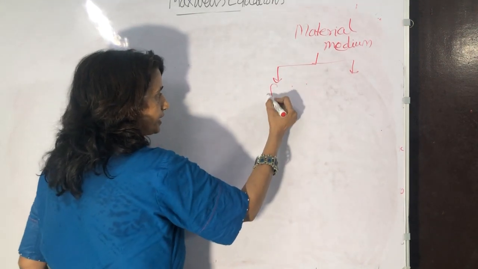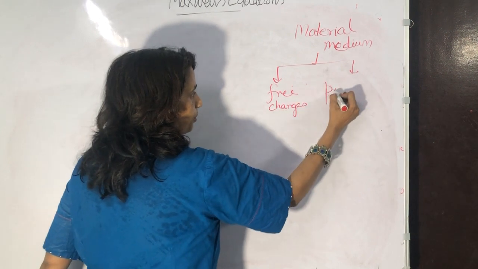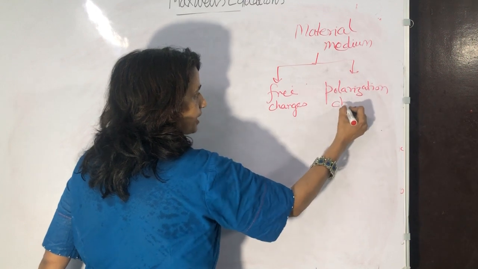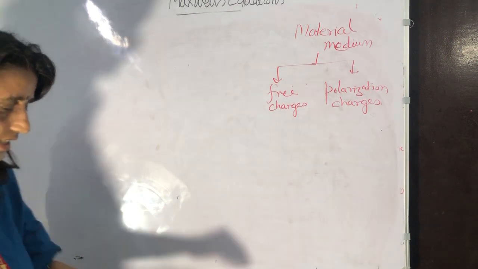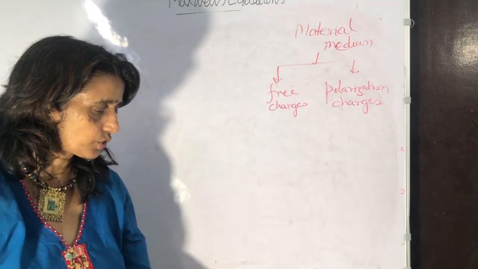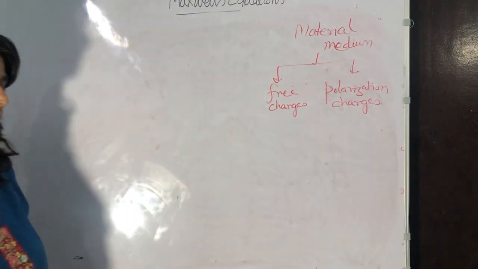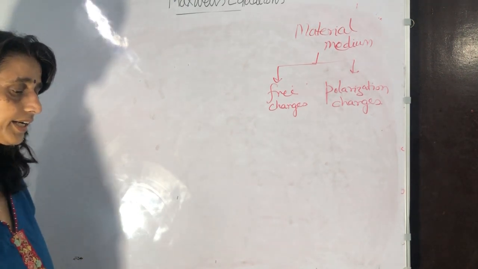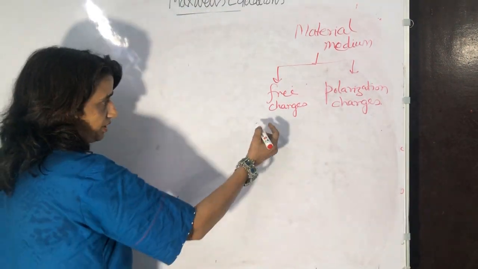The free charges and the polarization charges act as sources of electric field, and magnetization is an additional source of magnetic field. We will consider only those material media in which electric polarization is directly proportional to electric field. Now, polarization is what?